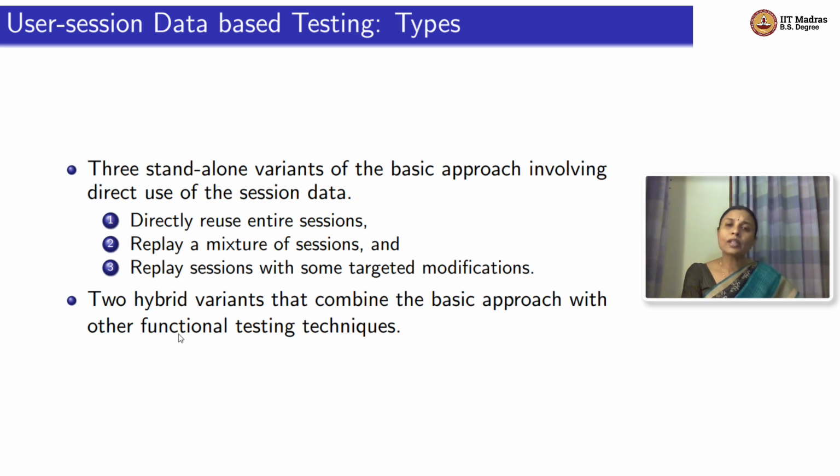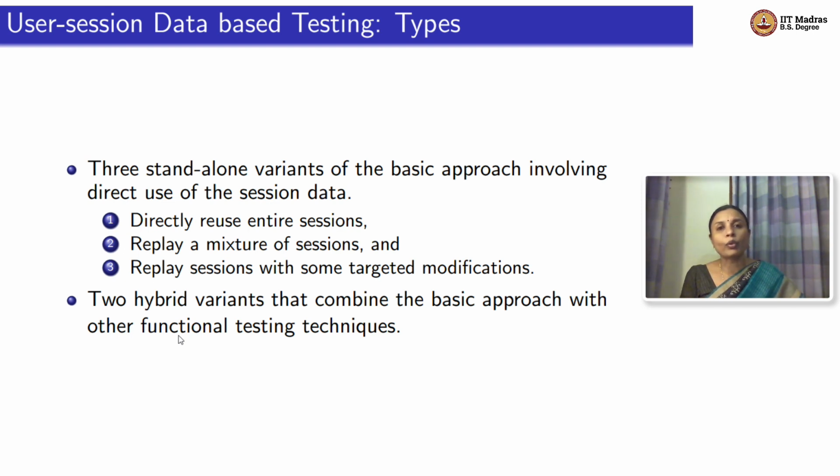What we mean is, once you have user session data, and let's say you have your test requirement in mind, for example, the test requirement could say, please provide inputs at boundary values. Remember, we saw boundary value analysis. So I could store the user session data and regenerate a particular form that provides inputs at boundary values.